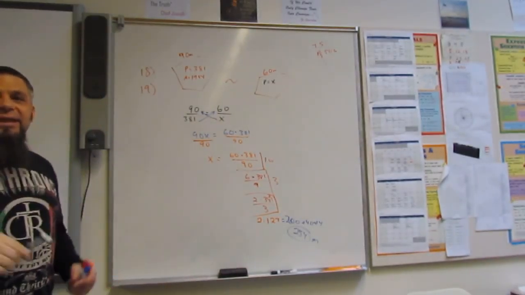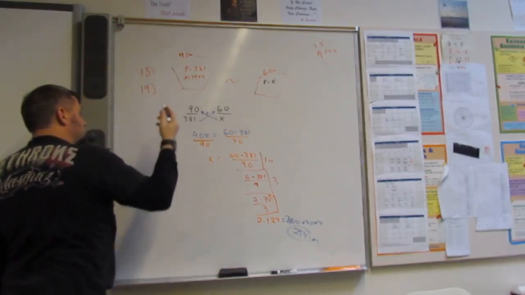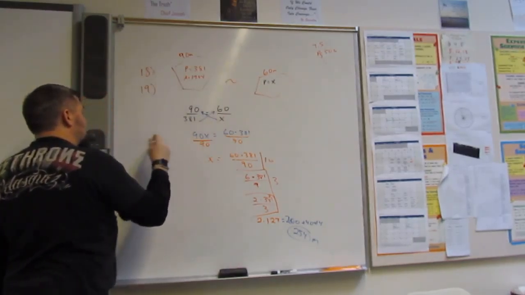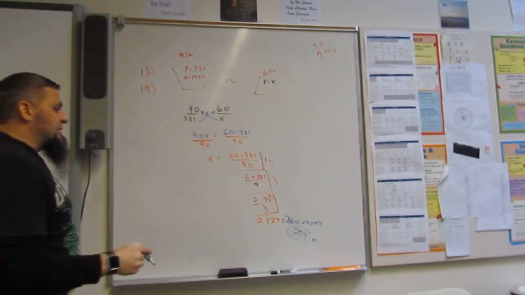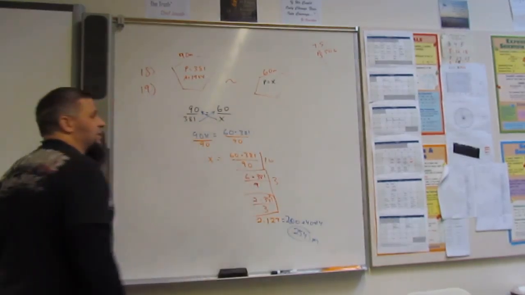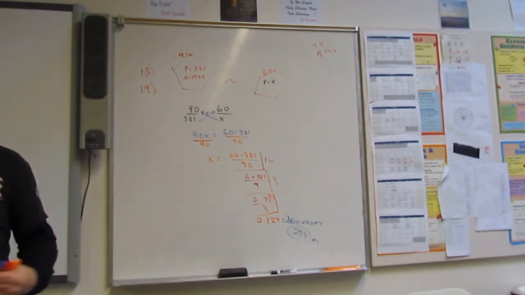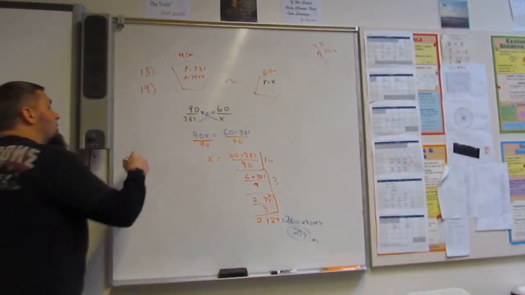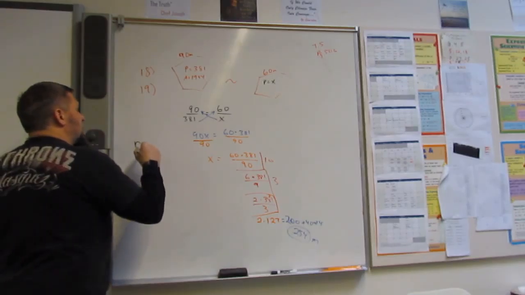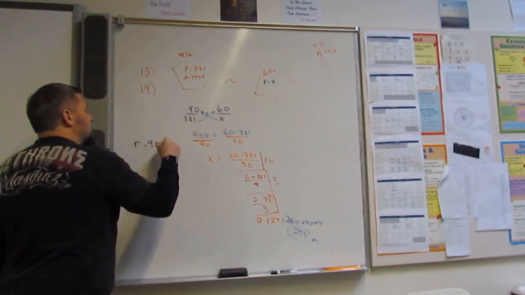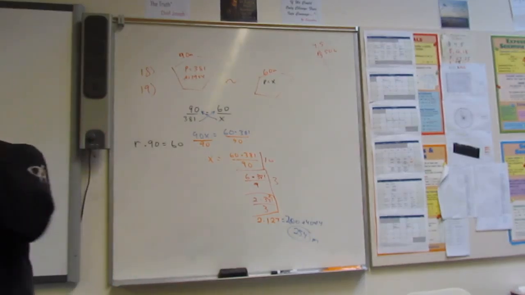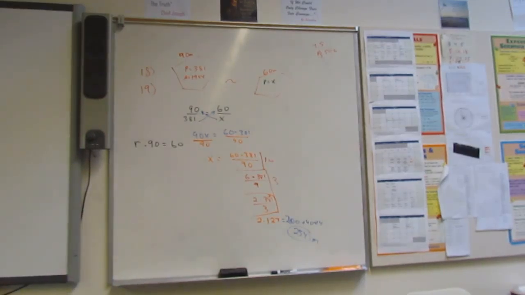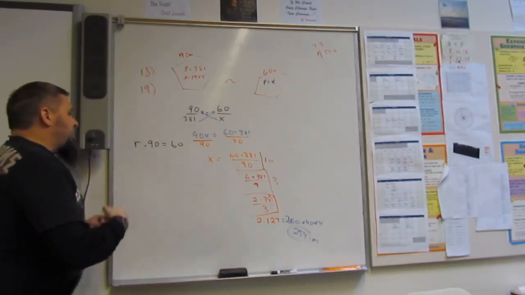So that means something, let's say, instead of x, because that's what we've used over here, let's just say the ratio, r, times 90 is going to equal 60. Some ratio that I multiply 90 by is going to equal 60. Does that make sense? Because it's proportional. So I divide by 90.